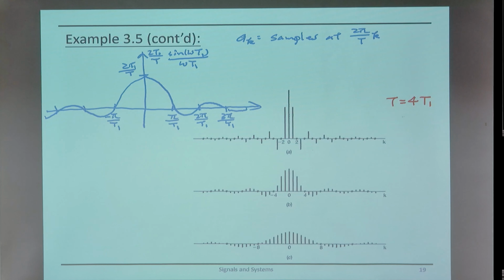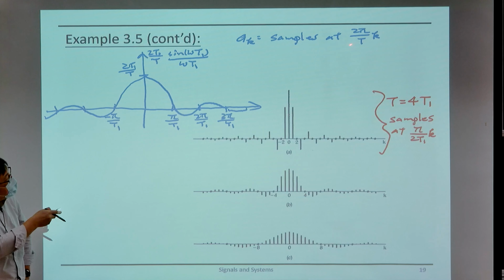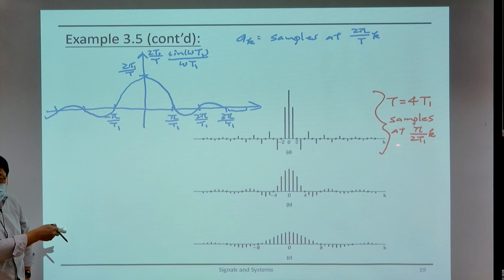Then we're sampling at 2 pi over 4T1, which is pi over 2T1 times k. When T is equal to 4T1, the 2 cancels out with the 4, with 2 remaining, so you have pi over 2T1 k.